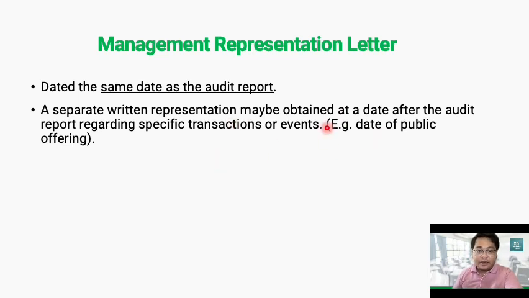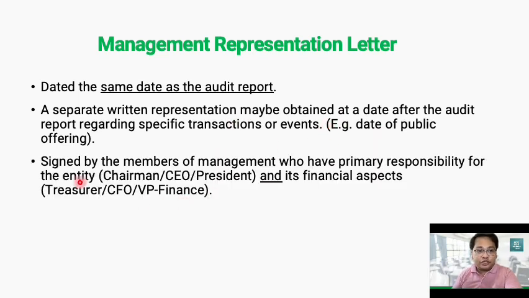Finally, the management representation letter should be signed by the members of management who have primary responsibility for the entity. Examples would be the chairman, chief executive officer or president, and one responsible for its financial aspects, for example the treasurer, CFO or Chief Financial Officer, or VP for Finance.